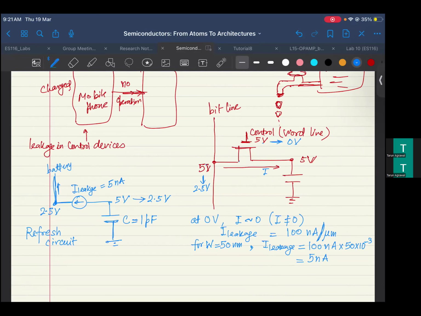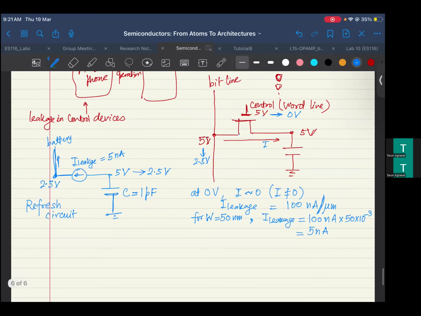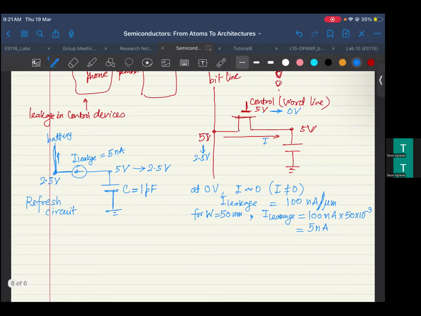One of the important things one needs to understand is, is this leakage a function of temperature? Temperature is also a very important variable, and we will talk about this when we talk about semiconductors.